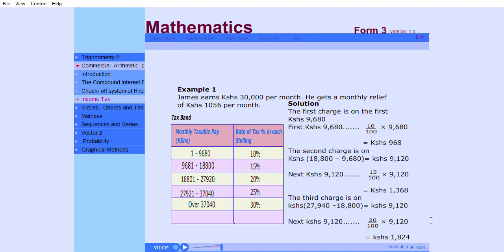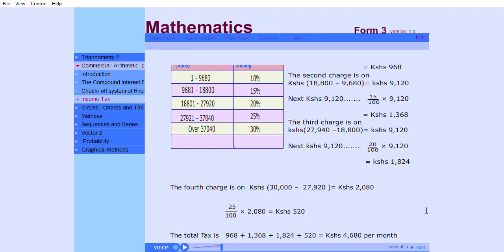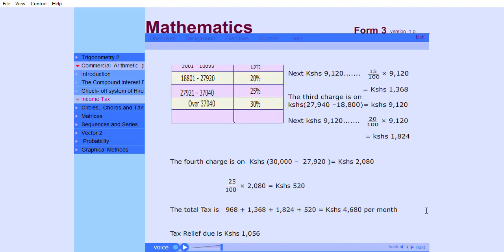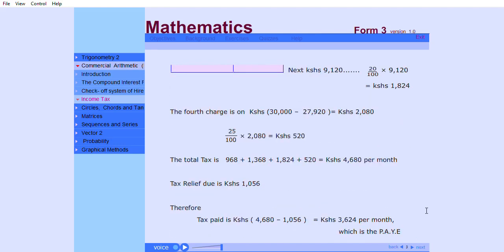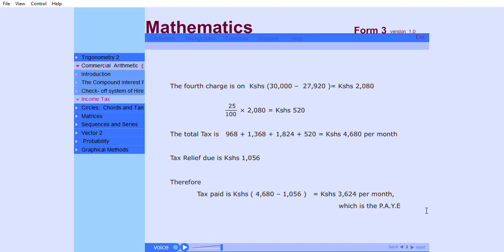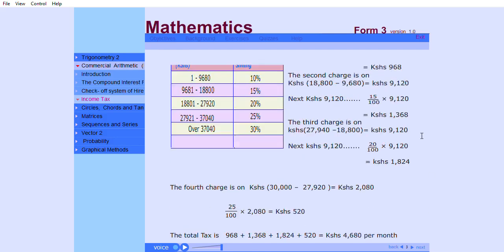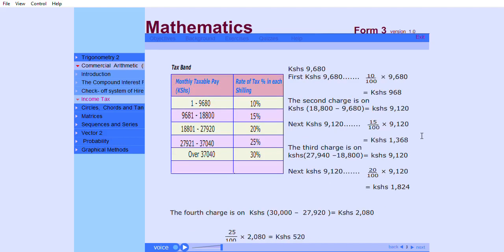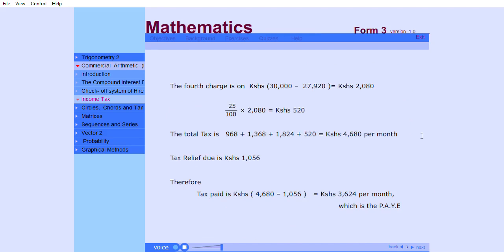The third charge is on 27,940 Kenya shillings minus 18,800 Kenya shillings, which is equal to 9,120 Kenya shillings. Next, 9,120 Kenya shillings calculated as 20 over 100 multiplied by 9,120, which gives us 1,824.